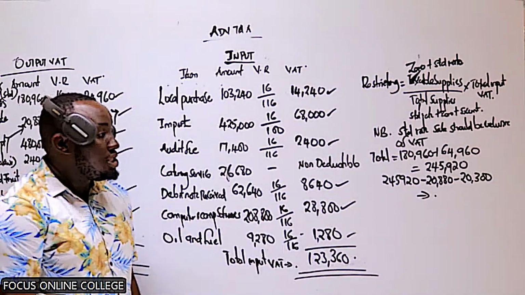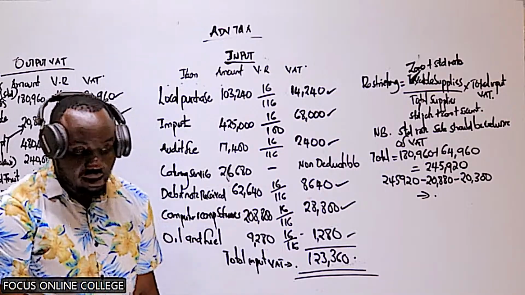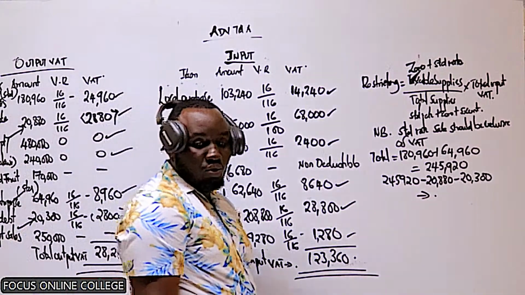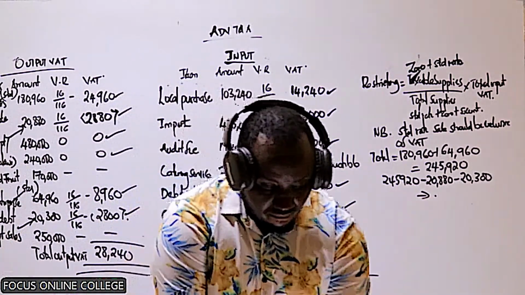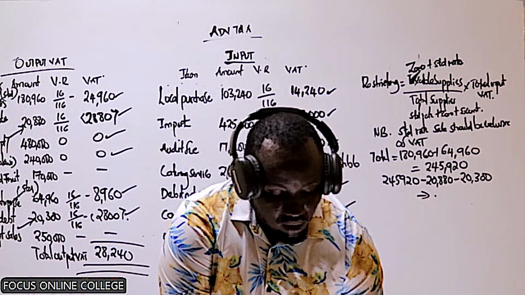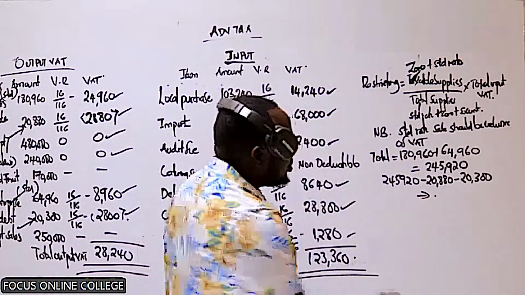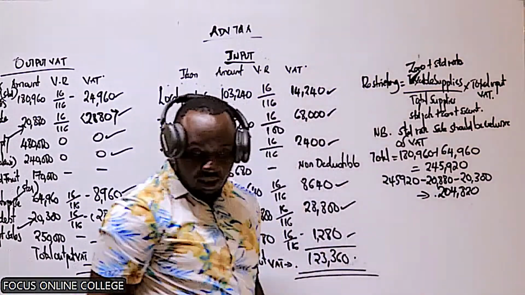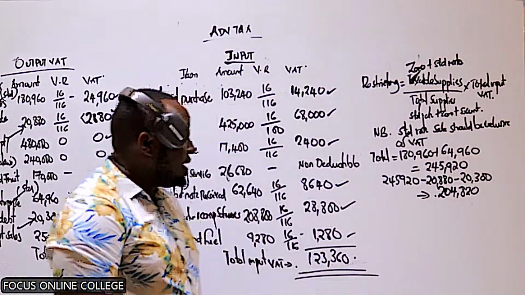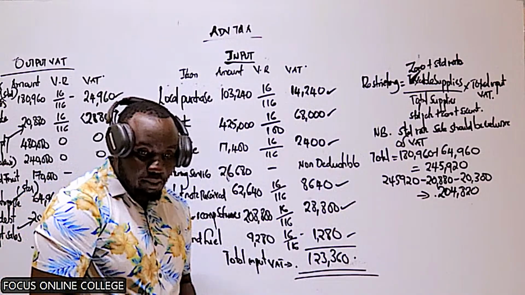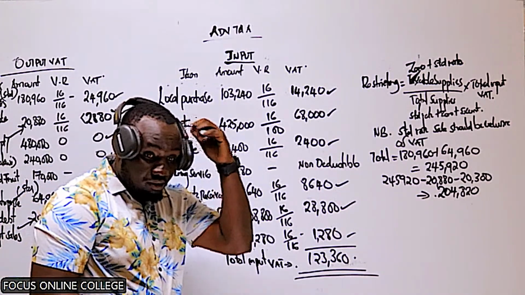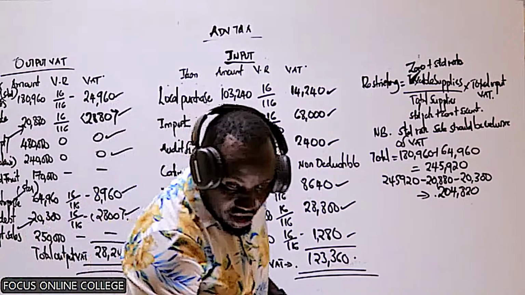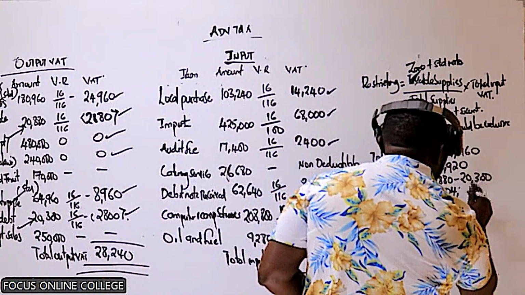So we have 204,820. Somebody to confirm what T has done. Is it 740? So we have it as 740.